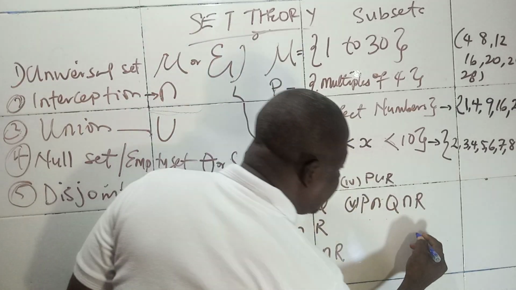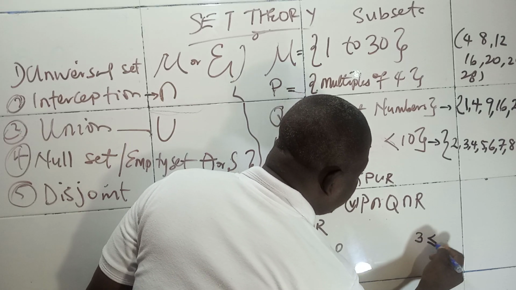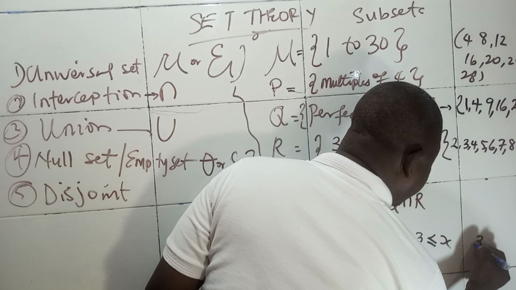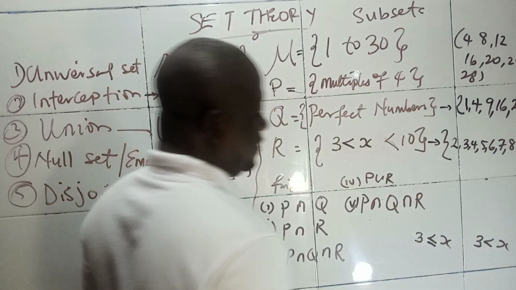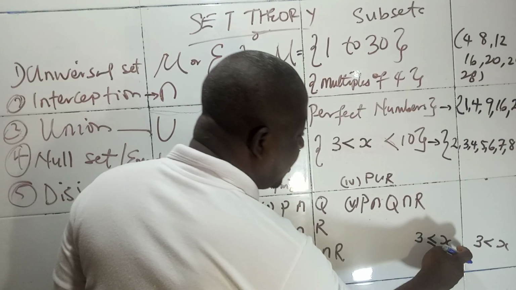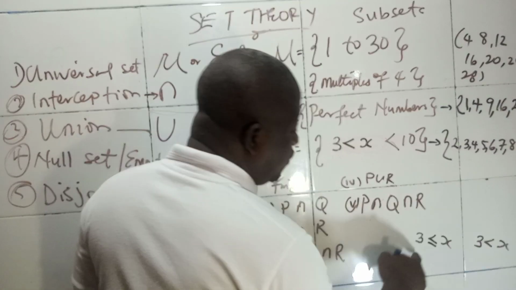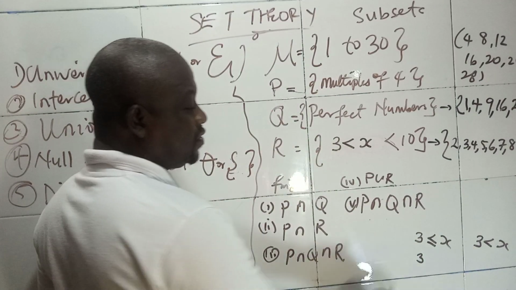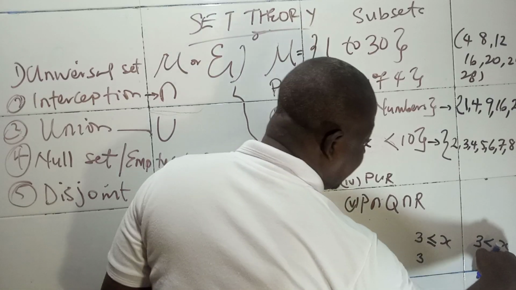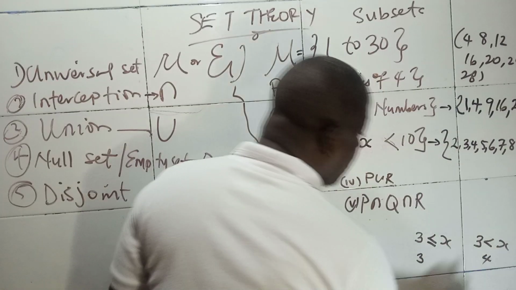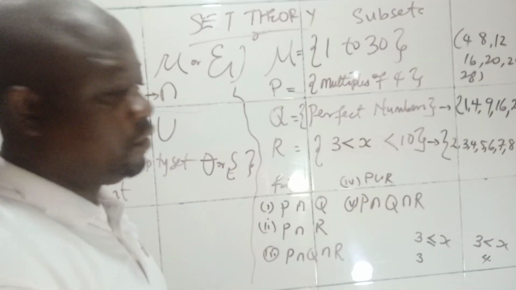Because 3 less than or equal to x is different from 3 less than x. If I say 3 less than or equal to x, it means that the first value of x is going to be 3. But in this expression, 3 less than x, it means that the first value of x is going to be 4.